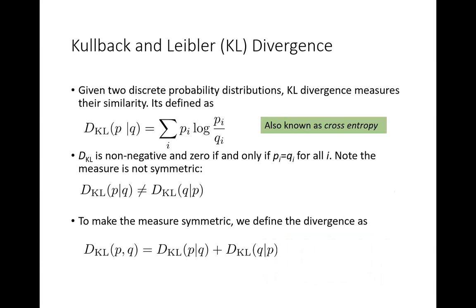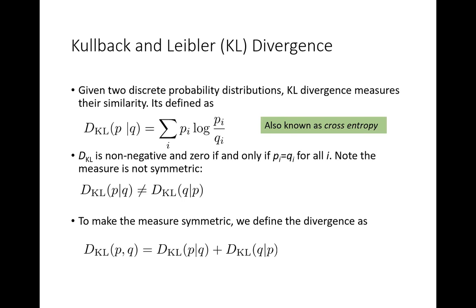Let's look at what we mean by divergence, which is also known as what we call cross entropy. So suppose we are given two discrete probability distributions. Then KL divergence, which stands for Kullback-Leibler divergence, measures the similarity of these two probability distributions. All right. Now, instead of saying two probability distributions, let us say we have two different events.